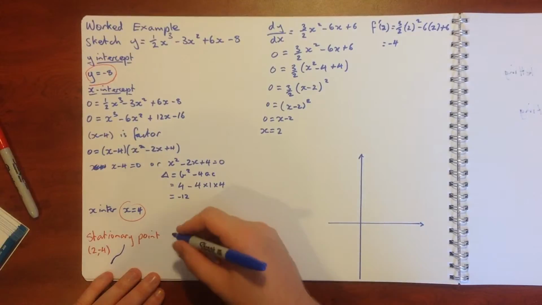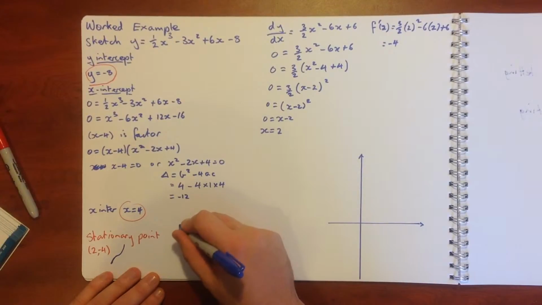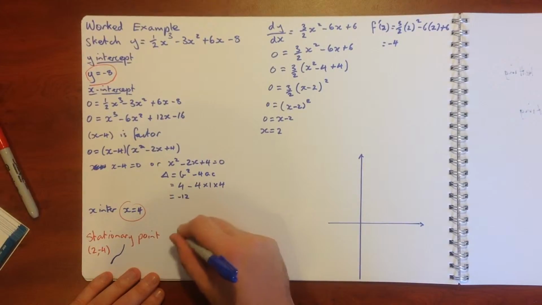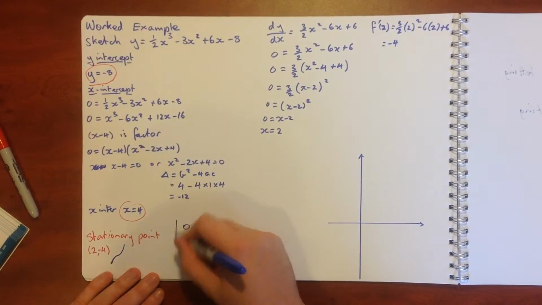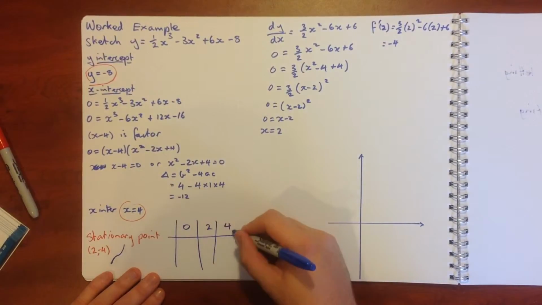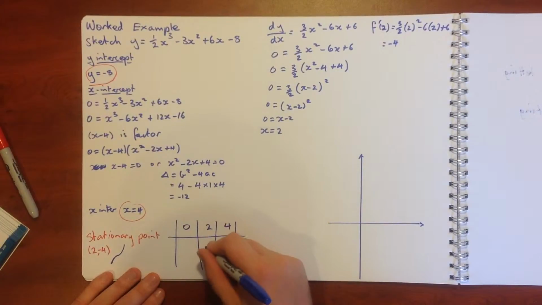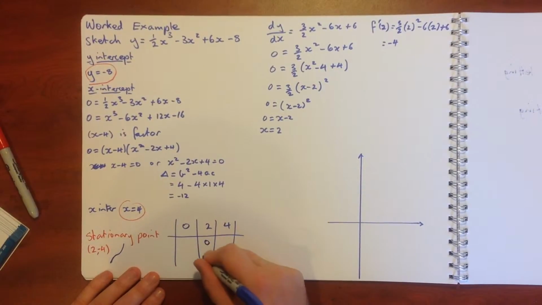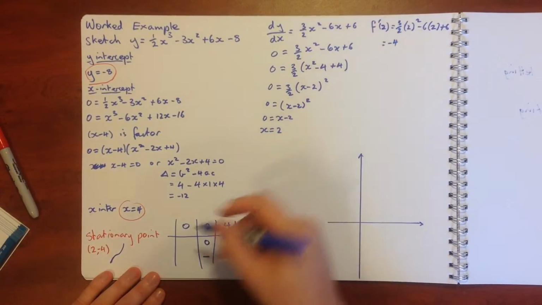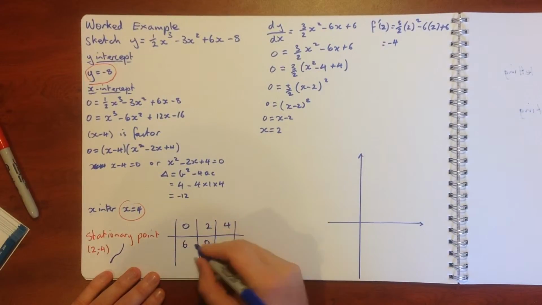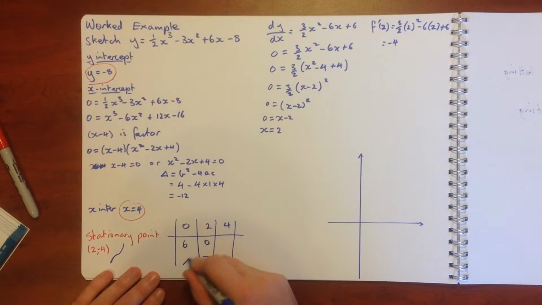But doing our gradient table, we can pick, say, 0, 2, and 4. We know at 2 it's 0, so it's flat. When we sub 0 into our gradient function, we get 6, which is positive.